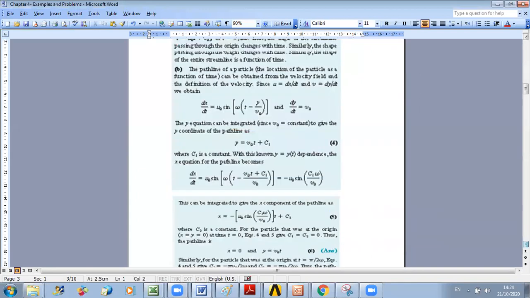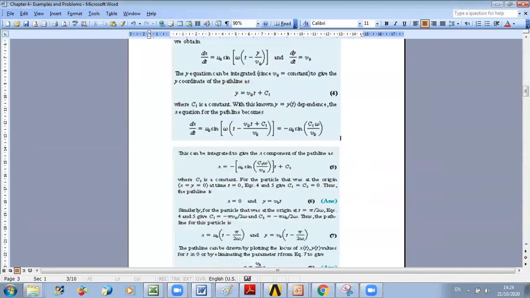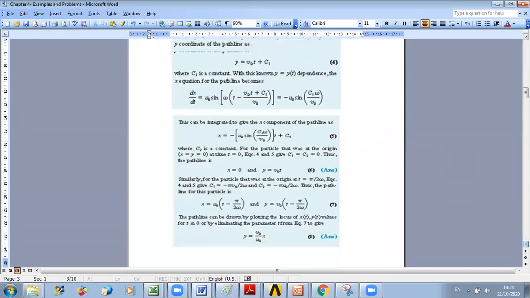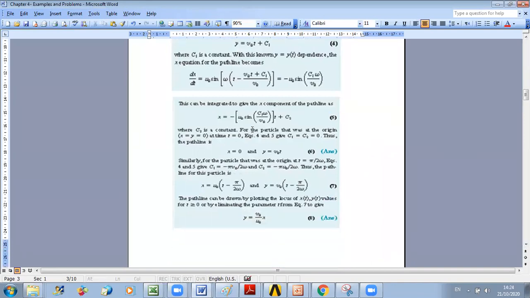here, you got your two relations, x as a function of t and y as a function of t. If you replace c2 by its value in x as a function of time, c2 is 0 and c1 is also 0. So replacing c1 by 0 in this relation, you get that x is equal to 0 plus 0, so it's 0.